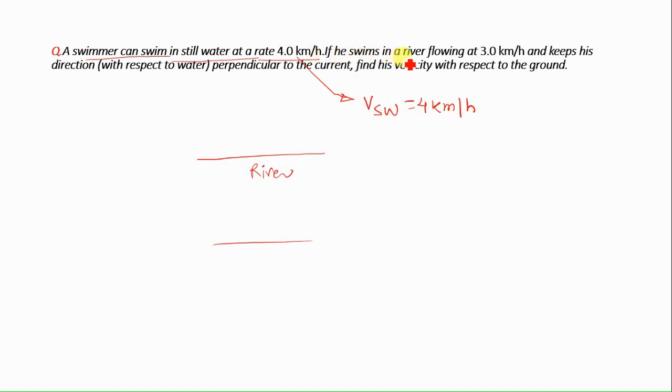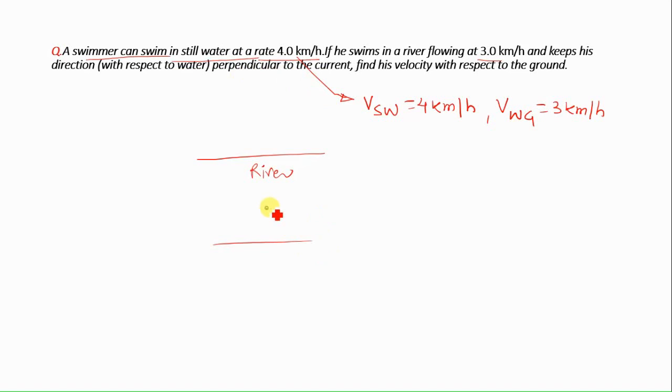If he swims in a river flowing at 3 km per hour, the velocity of the river is given. The velocity of water with respect to the ground is 3 km per hour. And he keeps his direction perpendicular to the water flow.